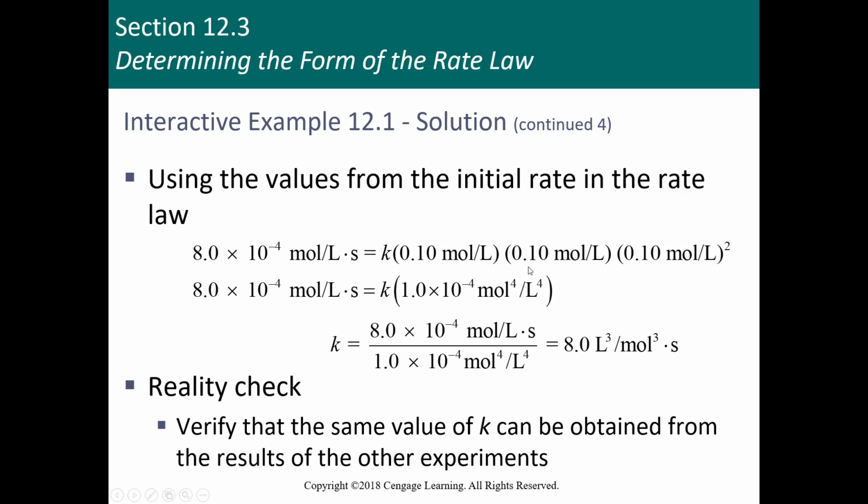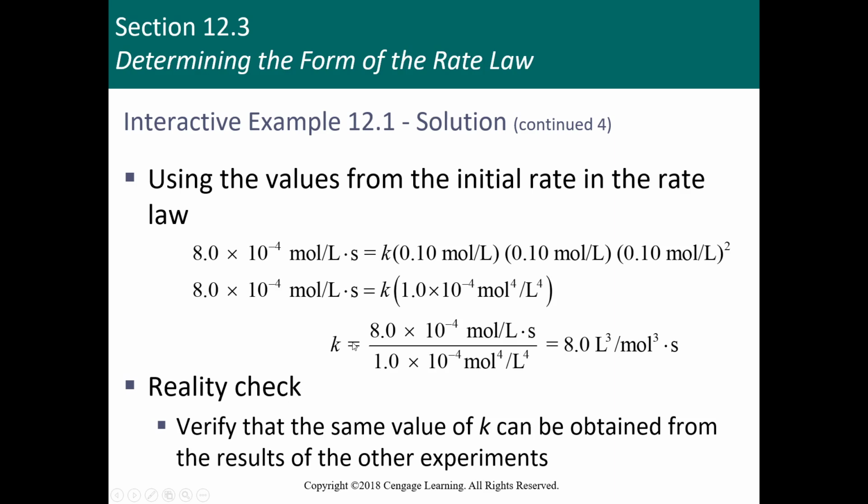So whatever I have here, I'm always going to end up getting rid of all but one of those moles per liter, and that means it's moles per liter cubed. See that? You're having it so it gets rid of all but one of those. And then divide by seconds. Now, again, if you just put your units in and do the math, you will get the correct units at the end, okay?